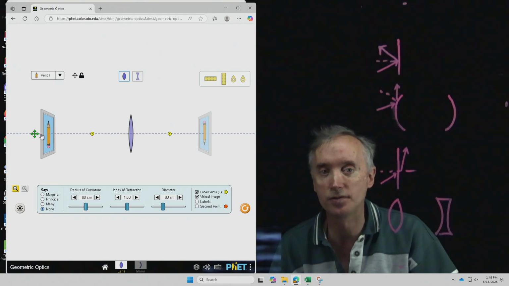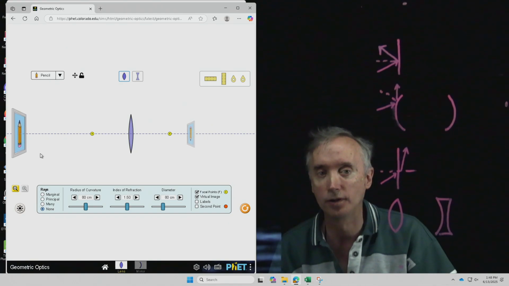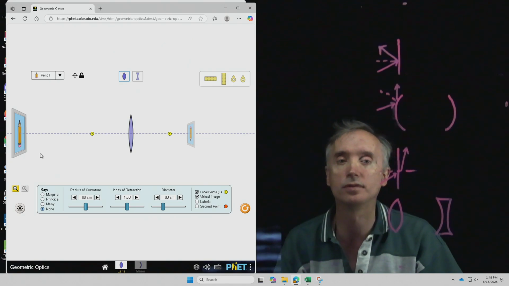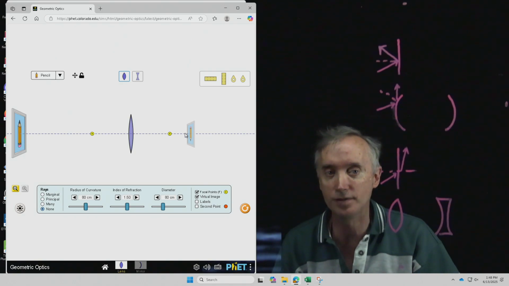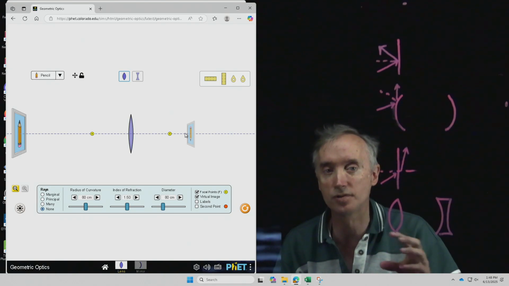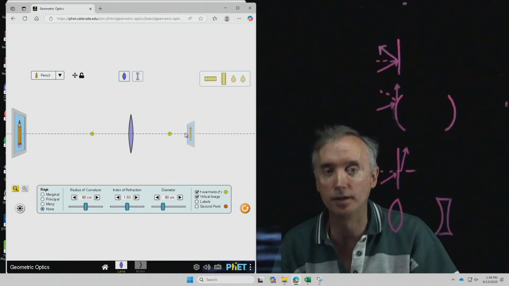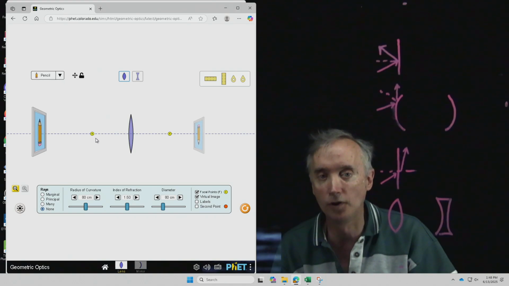Okay, now it says to take the pencil and move it over here. Then you're going to make note of the image, and is the image right side up or upside down? And also, is it large or is it small? Then you're going to take the pencil and start moving it towards the focal point.